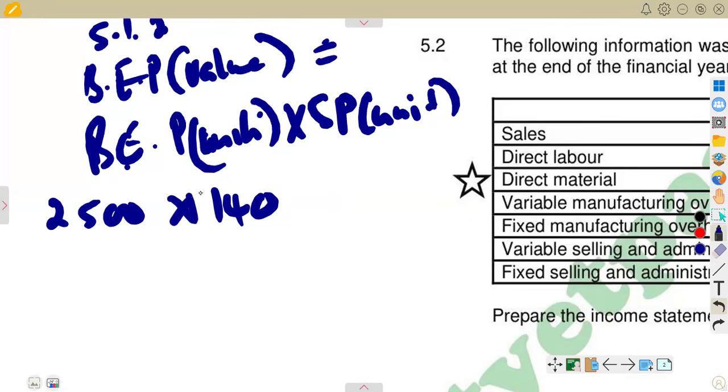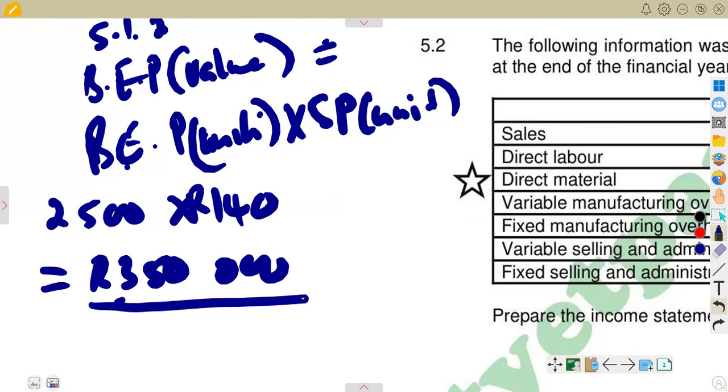If you multiply 2,500 by 140, you're going to get 350,000 rands. So this is what we have in terms of break-even point in value.